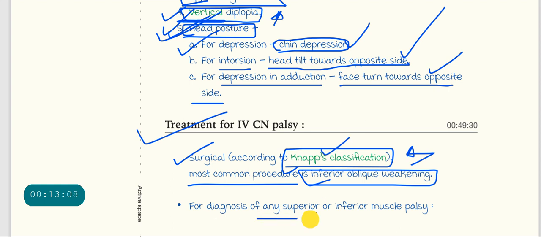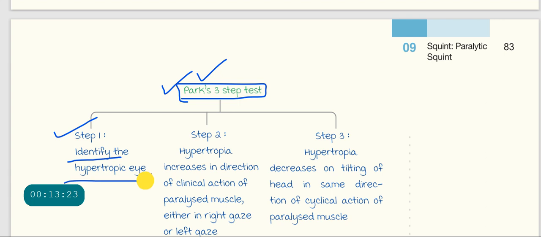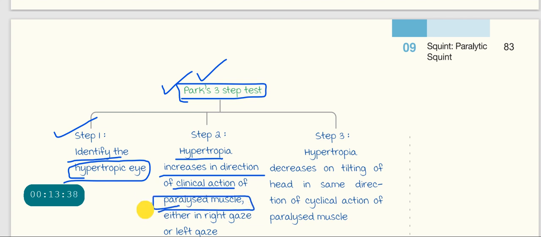We will be following 3 steps in the Parks test. Parks 3-step test. In the first step, we are going to identify the hypertropic eye. In the second step, the hypertropia increases in the direction of the clinical action of the paralyzed muscle, on either right gaze or left gaze.